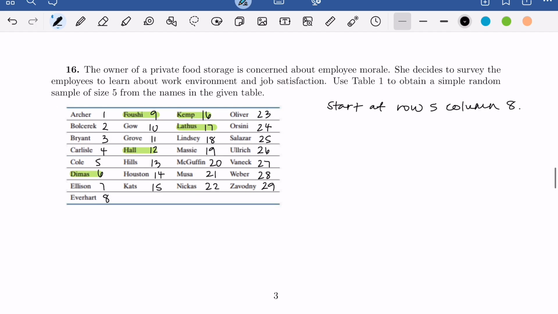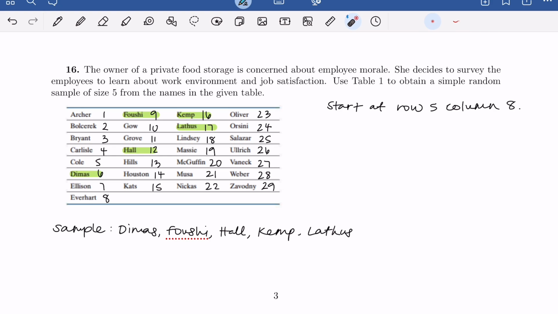This would be our random sample, and I'll list that here. So this is the sample of people that this store owner is going to survey to figure out more about the work environment and job satisfaction.